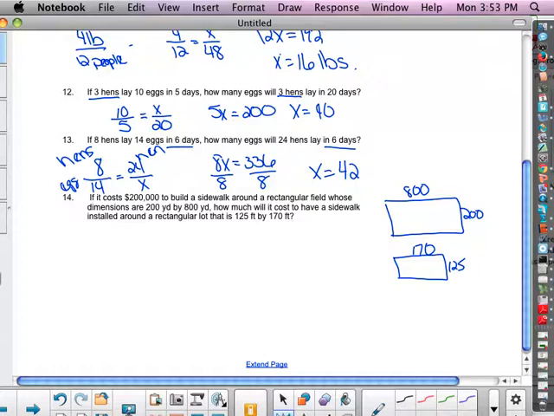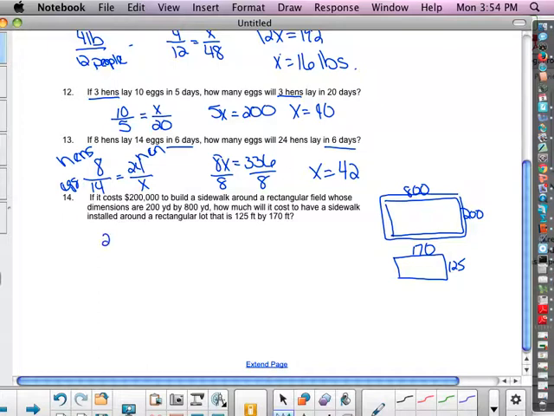So when you look at this, think about the perimeter, because that's where you're building this sidewalk, around the perimeter. So when we add that up, we're going to get 2,000 actual, we'll call them linear feet.